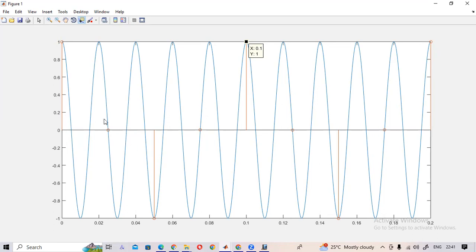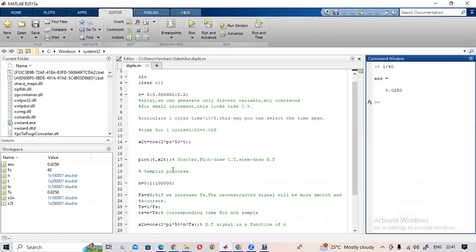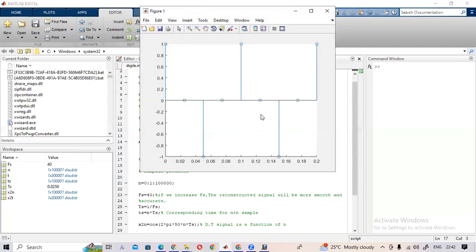Now tell me, what is the period for this discrete time signal? If I remove this one, this is the discrete time signal.